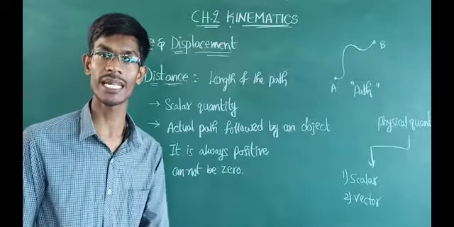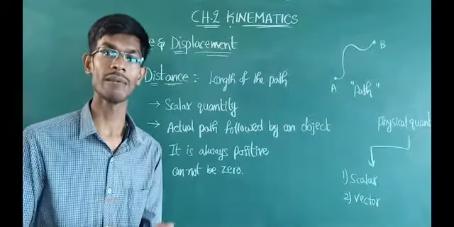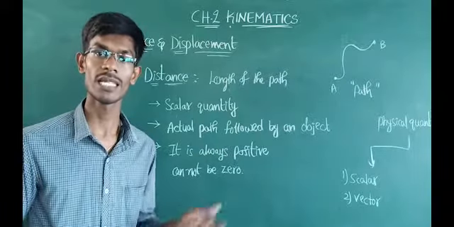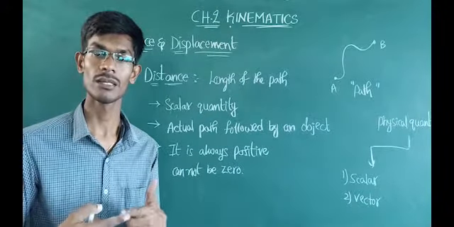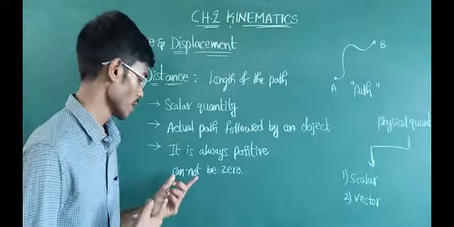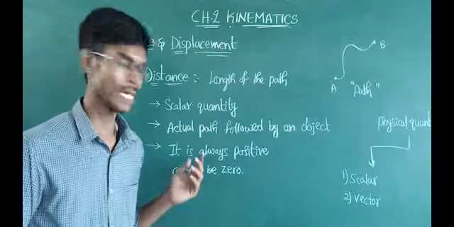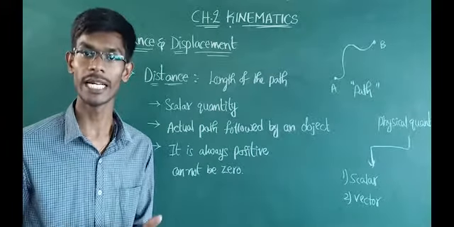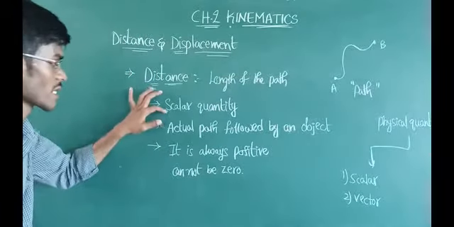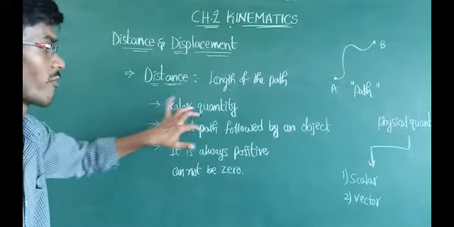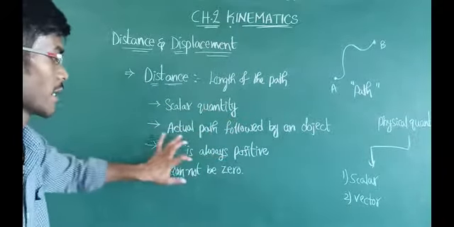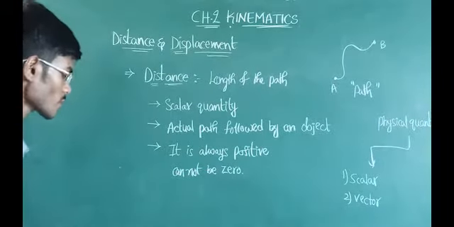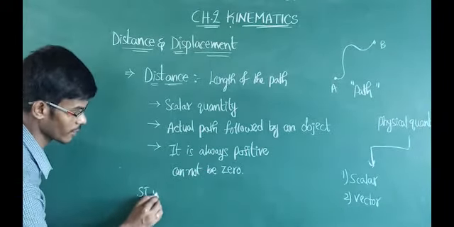Suppose the object is at rest with respect to time, it doesn't cover any distance. So there the distance can be 0. But once it is in motion, it cannot be 0, and it is always a positive value. It does not have negative values. So distance is a scalar quantity, the actual path followed by an object, always positive and it cannot be 0.